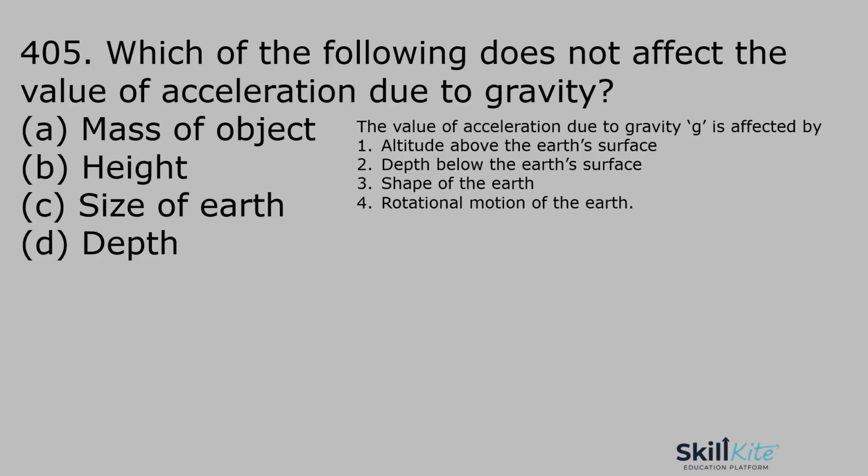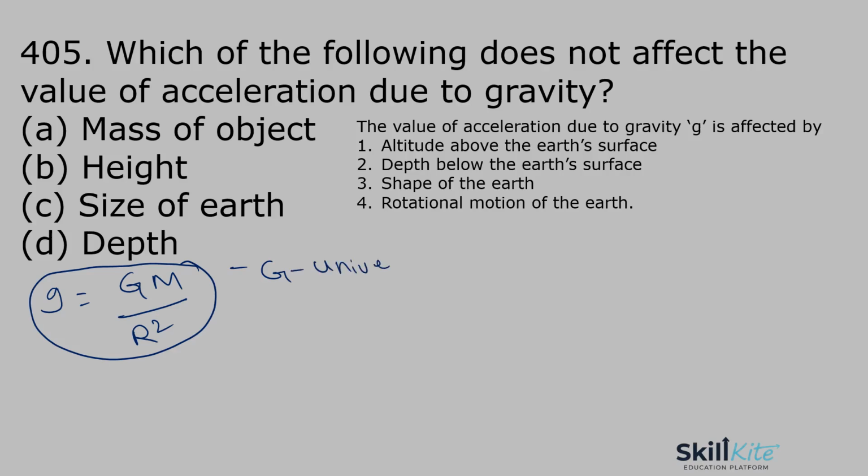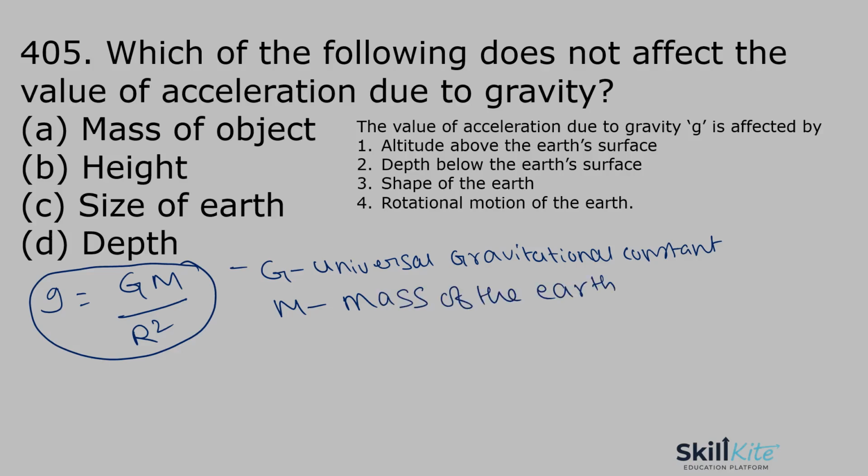These four are the factors that affect the value of acceleration due to gravity, I mean g. If a body is located on the surface of the Earth, then acceleration due to gravity is given by the formula g equals GM by R square. Here G is the universal gravitational constant. M is the mass of the Earth, not the mass of the object. R is the radius of the Earth.